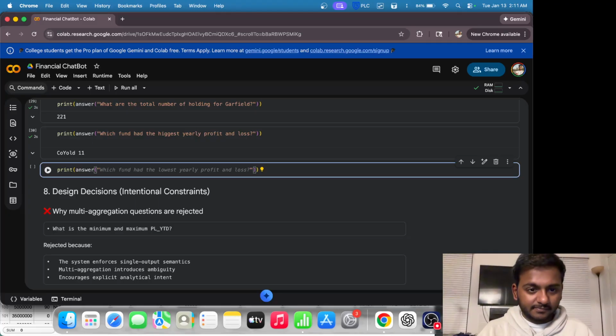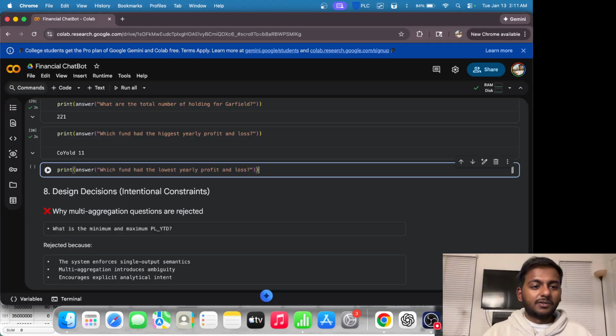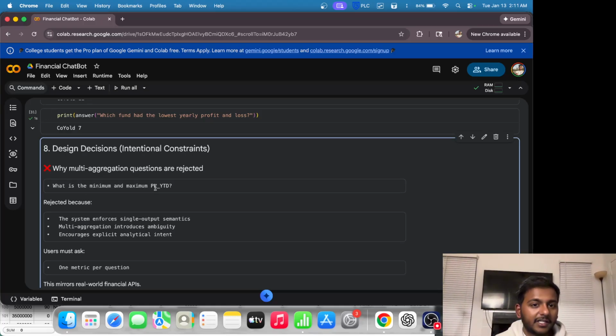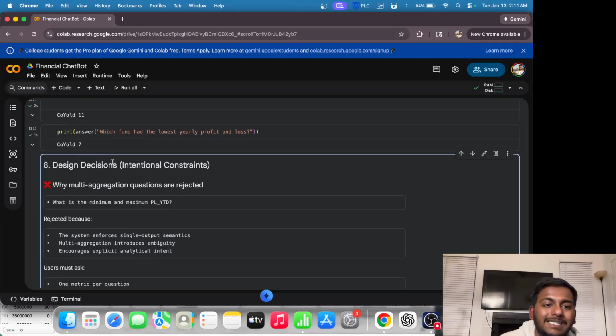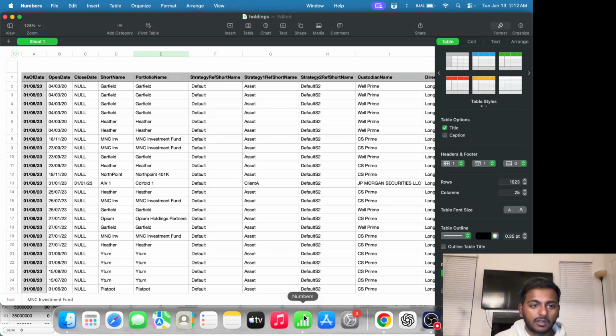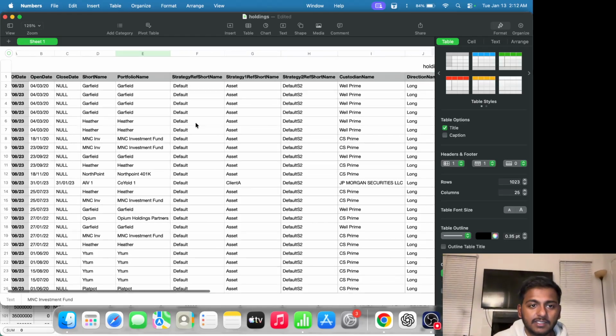Okay, this is an AI suggestion, so we'll just go through this. Which fund has the lowest yearly profit? And it's saying that Co Yield 7 has the lowest. And let's go and ask something else.